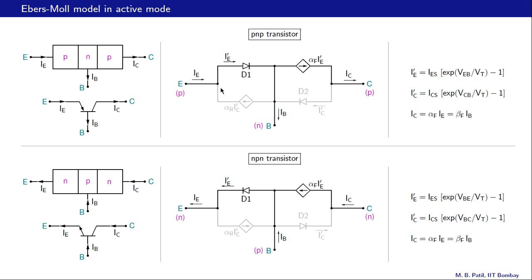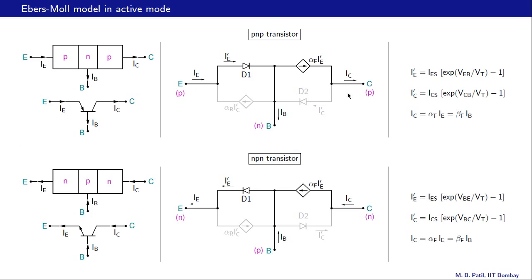That means D1 is forward biased and D2 is reverse biased. So this current is very small, and we can treat that as an open circuit, and that's why it appears in a light color. If this IC prime is small, alpha R times IC prime is also small, and therefore that is also an open circuit.